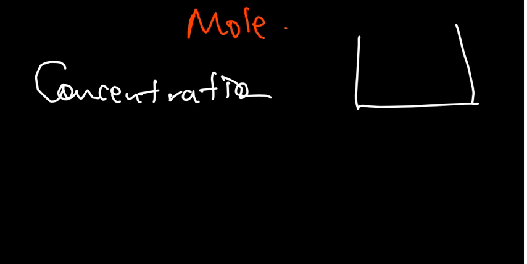Solvent can be water, and then a solid can be something like sodium carbonate, or any solid you can think of in chemistry. Sodium chloride, for example, which is a common salt, table salt. That is an example of a solution. So now what we're trying to say is, trying to define it more so that you're going to understand it chemically.